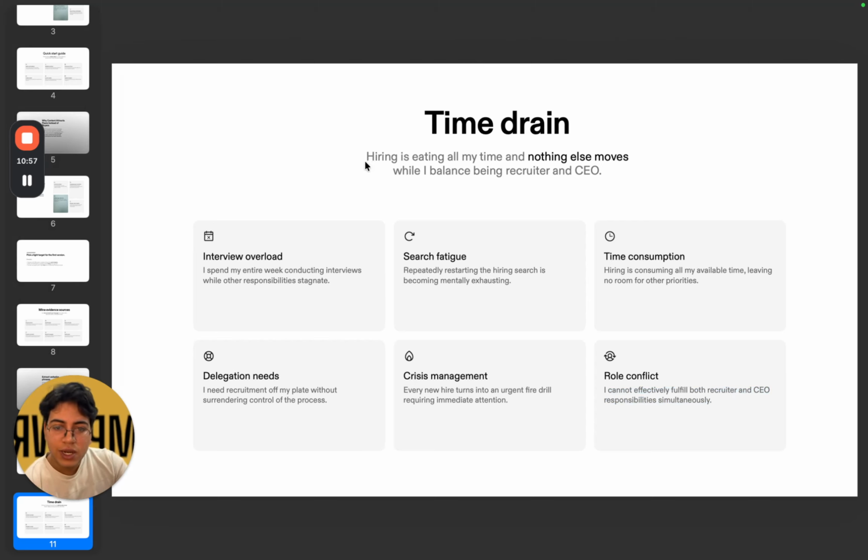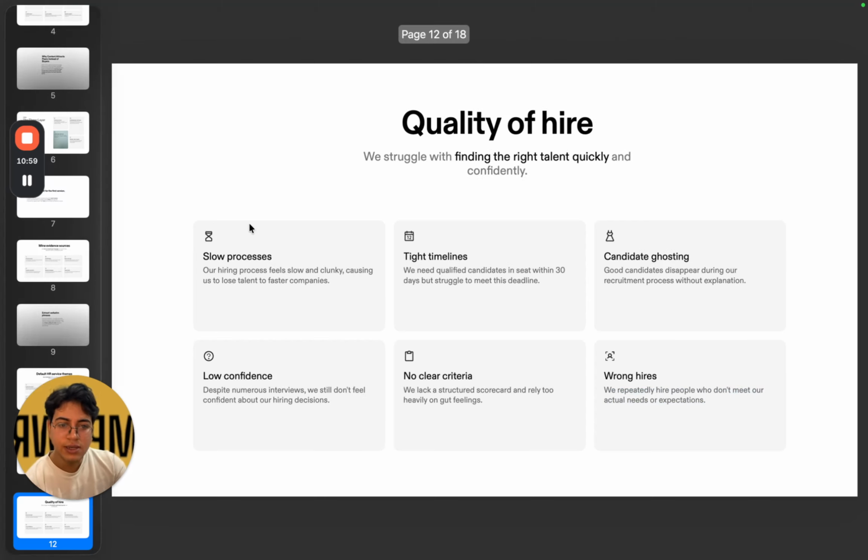Now we have the quality of hire bucket, and quality of hire phrases basically sound like candidate ghosting, slow processes, wrong hires, low confidence. And the best examples around this are like: our hiring process feels slow and clunky, causing us to lose talent to faster companies. We need a qualified candidate in seat within the next 30 days, but we are struggling to meet that deadline.